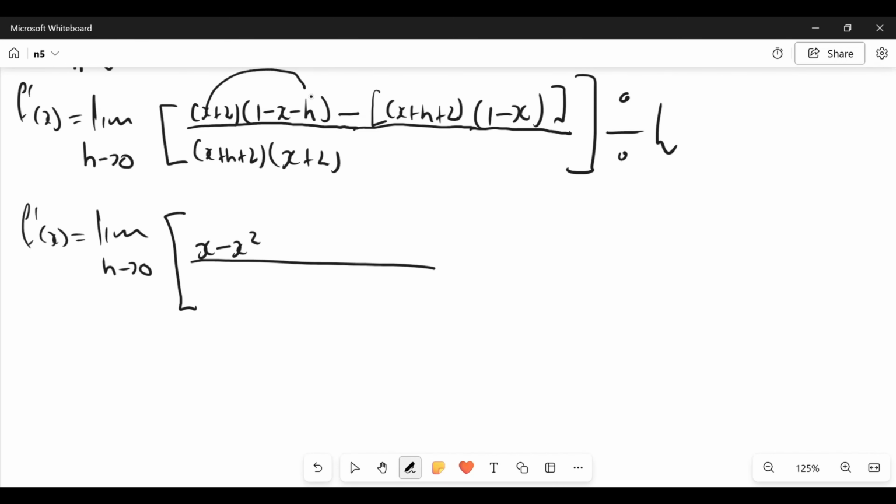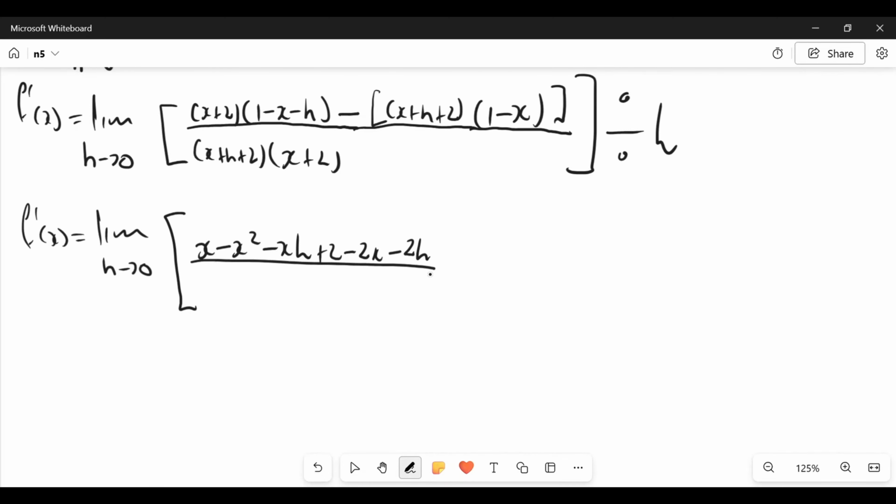If we multiply x and h, this is going to give us negative xh. There we go. If we multiply 2 and 1, this is going to give us plus 2. If we multiply 2 and negative x, this is going to give us negative 2x. If we multiply 2 and h, this is going to give us negative 2h. There we go. So we are done with this here.